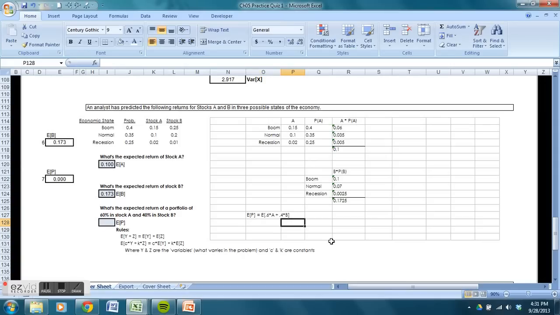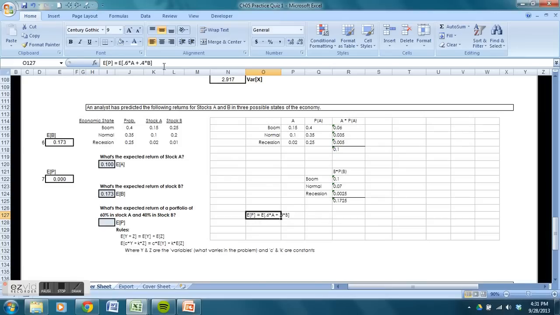So the best thing we can do is take this starting cell and break it up. These are the rules right here, and it says anytime you have a plus sign in an expected value, you can instantly cut that into two different expected values.